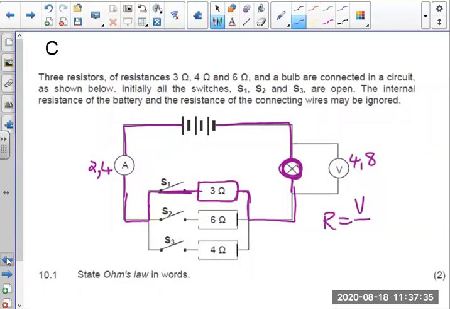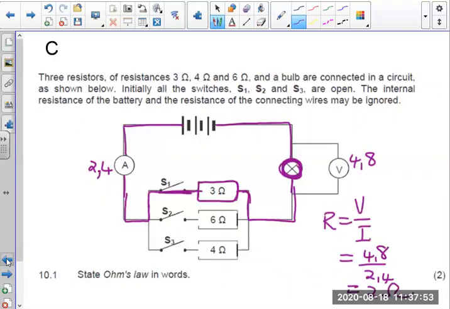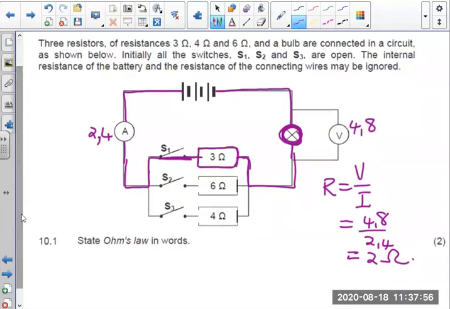We say R equals V over I. So we use 4.8 divided by 2.4, which gives us an answer of 2 ohm. That counted 3 marks, so look at the marks allocated and then you will know you can work this one out.